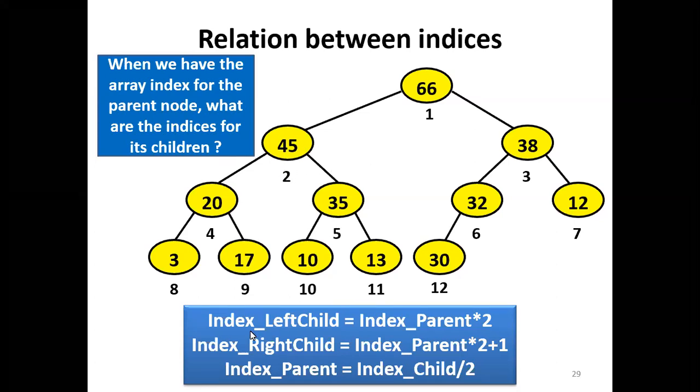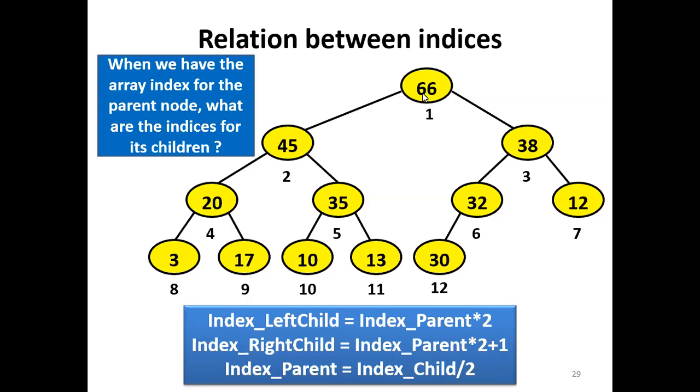Let's see what I'm trying to explain. For instance, if you want to find the index number of the left child, that will be equal to the index number of the parent times 2. So we don't know the index number of the left child, but we know the index number of the parent.